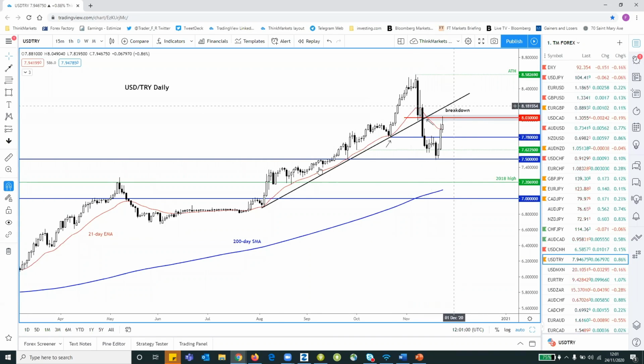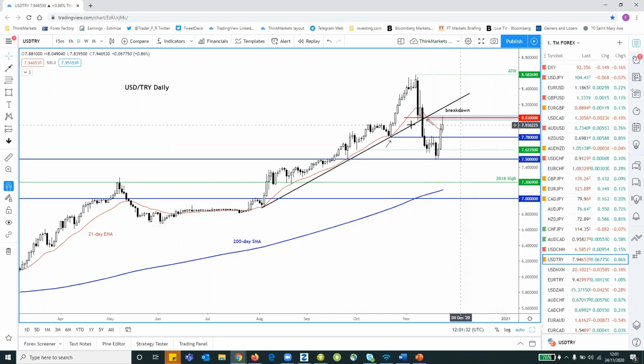So with the trend line broken and the government and central bank doing their best to support the Turkish lira, and sentiment turning positive towards risk-sensitive assets like emerging market currencies and stocks, this is exactly where price should hold now if this is going to drop from here.